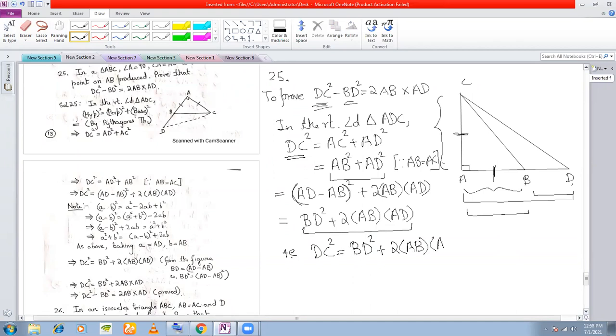So that means now if you take BD square on the other side, you'll get DC square minus BD square is equal to twice AB into AD. And that is what you had to prove.